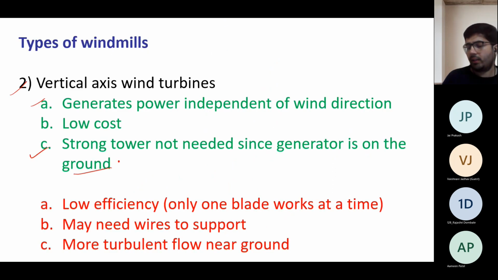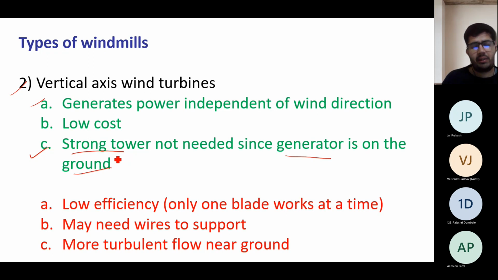But in the vertical axis wind turbine, the generator is installed on the ground, so we do not require a strong tower. The cost will be low, and the construction complexity will be low.